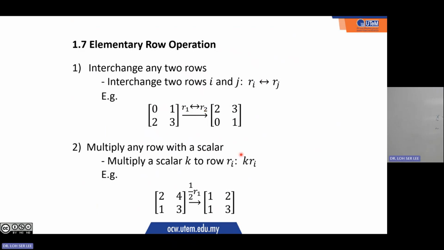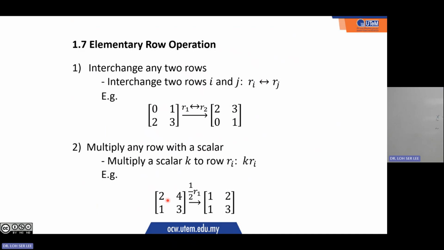The second type of operation is that we can multiply any row by a scalar. This is normally used when we want to row reduce into RREF. Since now we just need REF, the row echelon form, we don't really need this, but I still introduce it. When we want to get the leading 1 and the pivot is 2, we have to divide by 2.